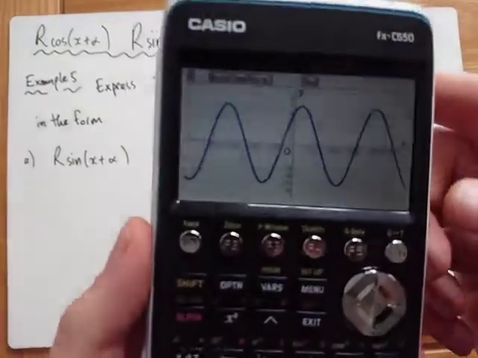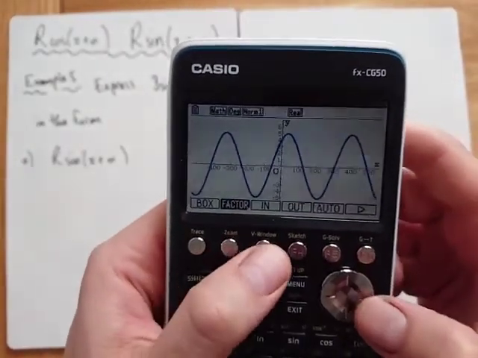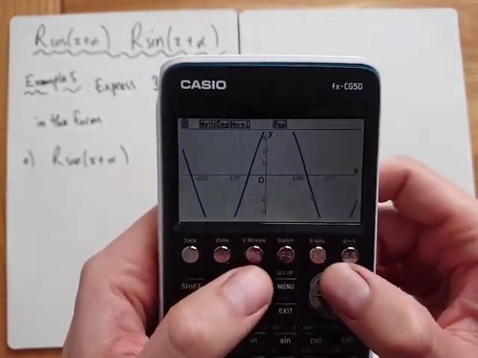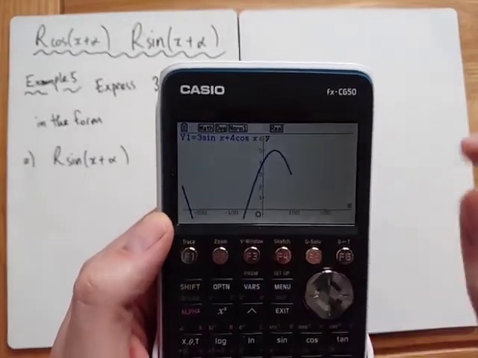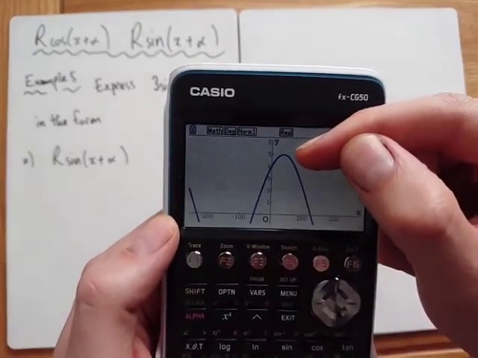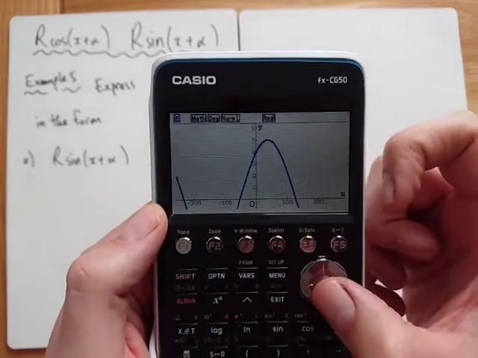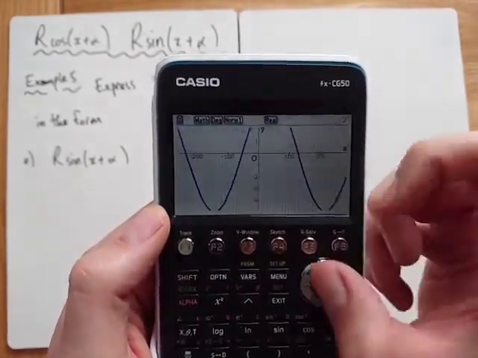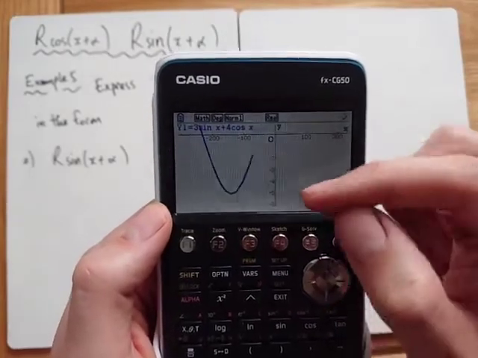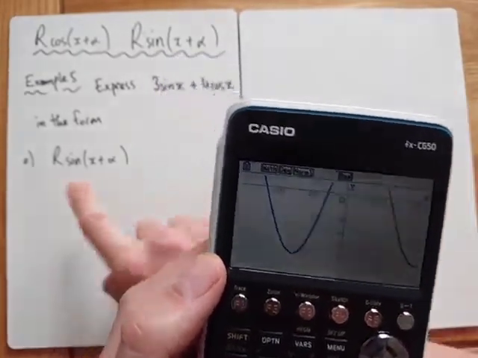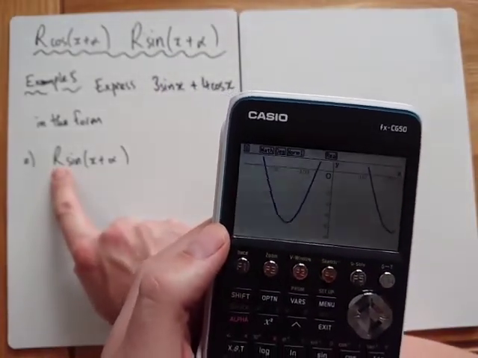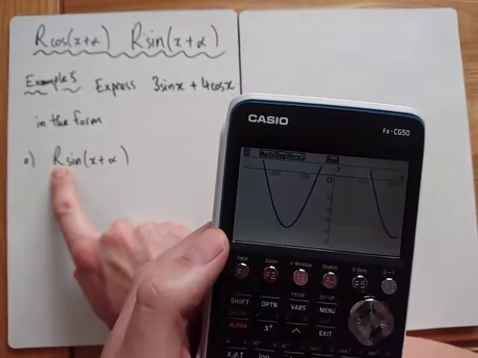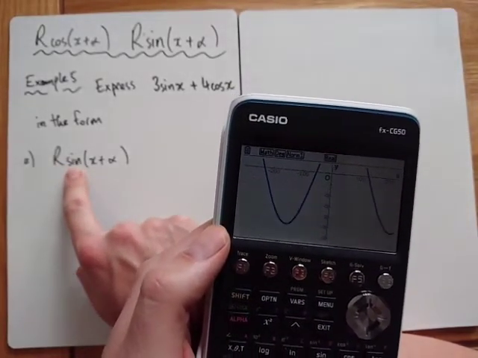If you might not be able to see this, if I zoom in a touch, I can see from sketching that the maximum value this goes up to is 5, and the minimum value it goes down to is minus 5. So just from the graphical calculator, I could see that R is going to be 5, because sine usually goes up to 1 and down to minus 1.